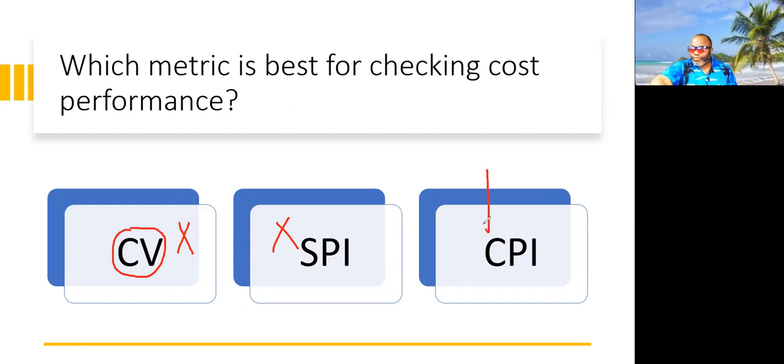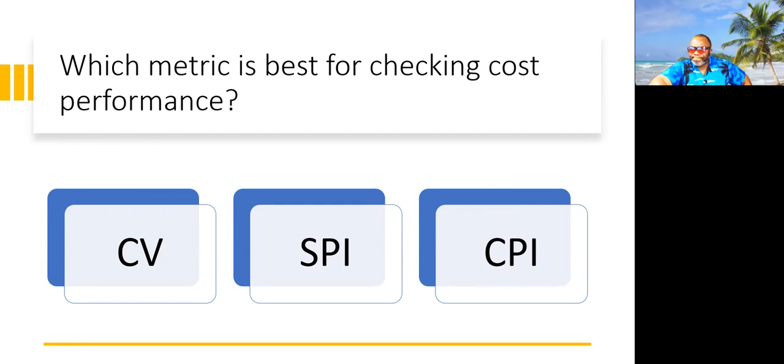The cost performance index, on the flip side, takes a look at what you have spent to date and what you have accomplished. So the best metric is that. That's why it's called cost performance index. So the indices are usually better when you're checking performance.